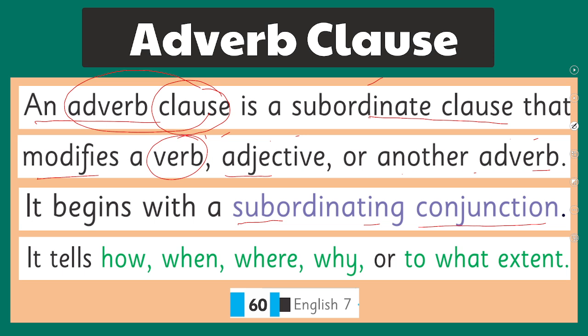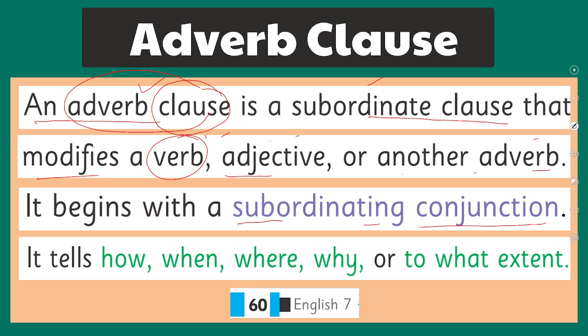As we know that conjunctions are of three types: coordinating, subordinating, and correlative. Subordinating conjunctions are conjunctions that we use for subordinating clauses. So all these conjunctions can be used in our adverb clauses.